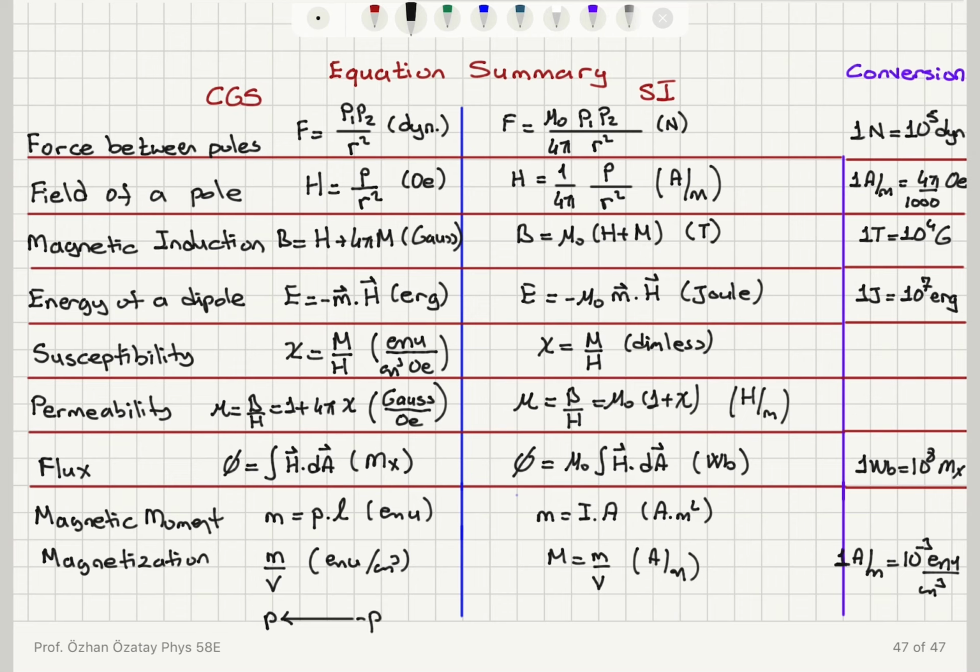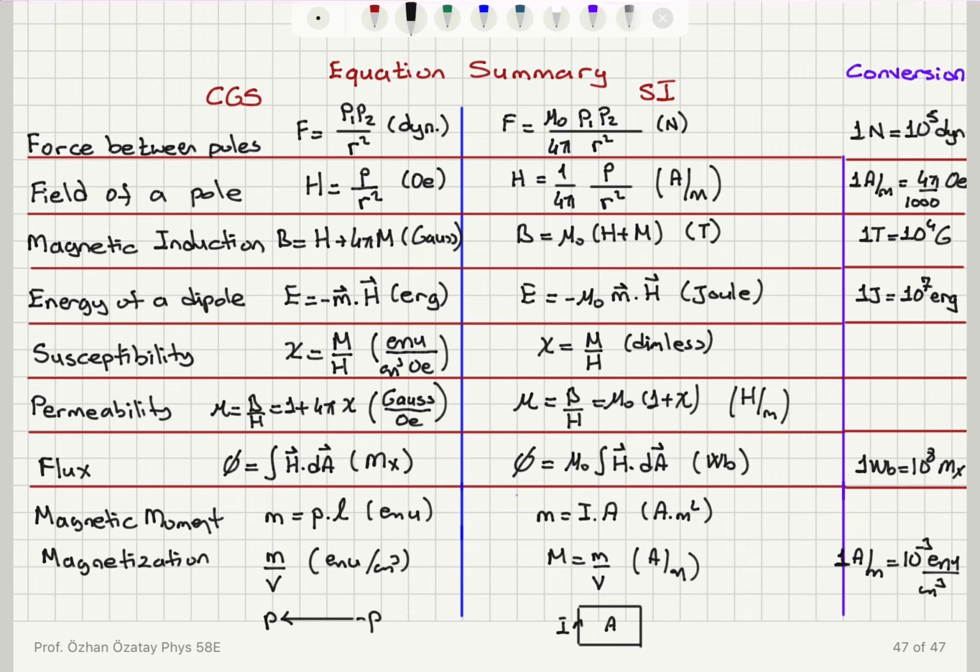In SI, you have a current loop, that's the view of ampere, and you look at the area A and current I, and using the right hand rule you can find the direction of the magnetic moment.